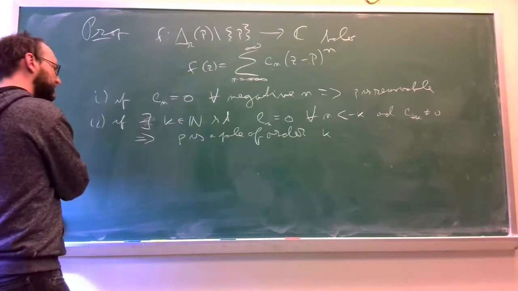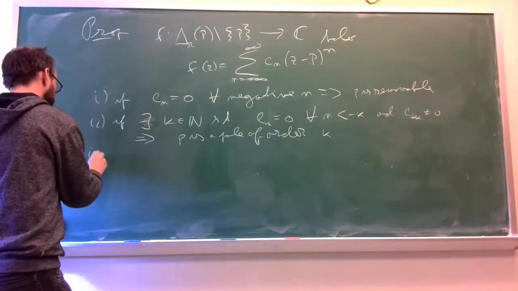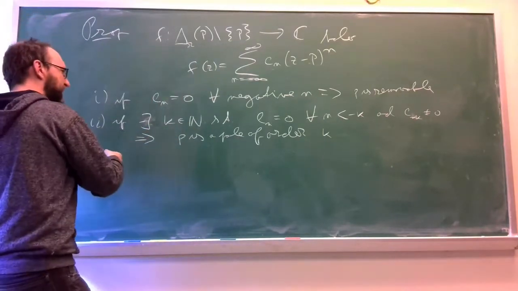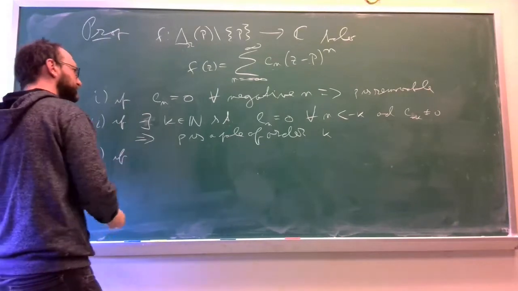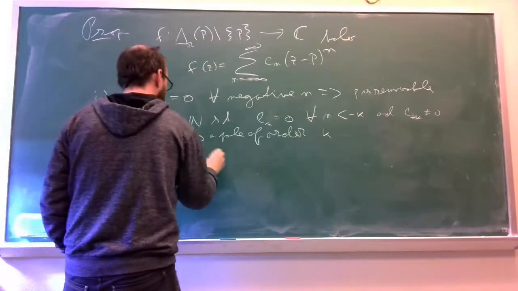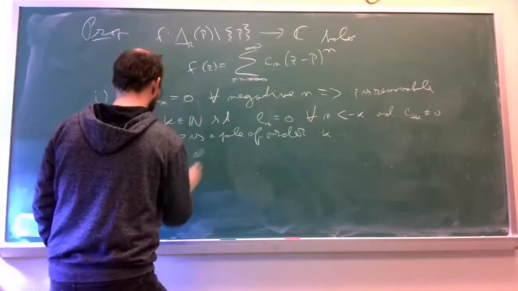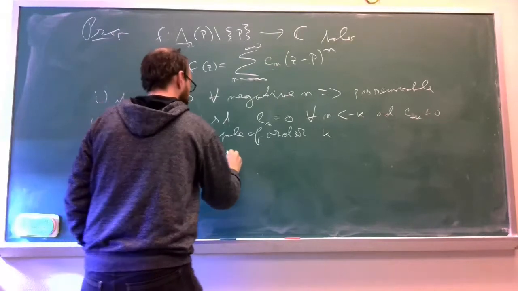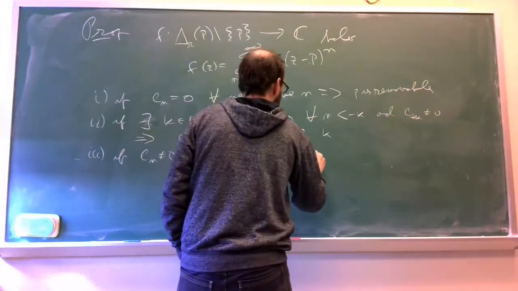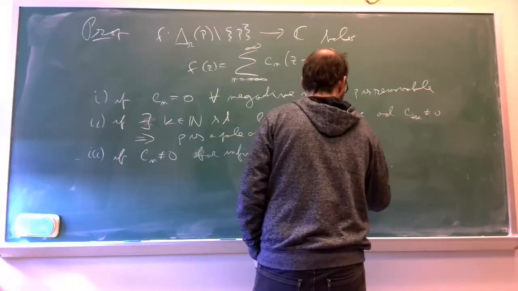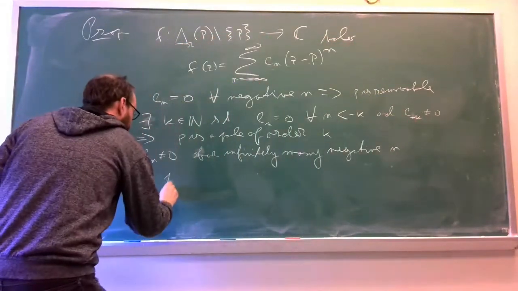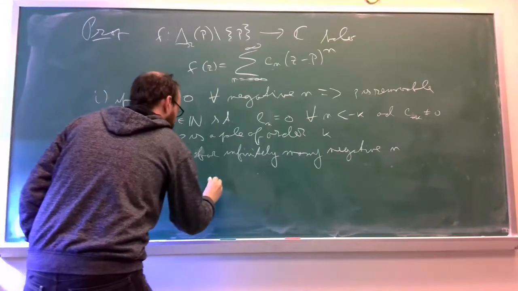So how about in the third case, maybe if neither of these is true, then that means if c_n is not equal to 0 for infinitely many negative n, then p is essential.